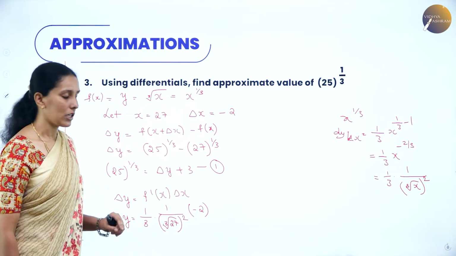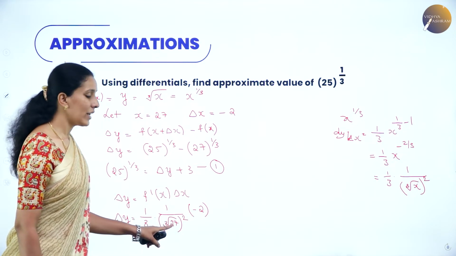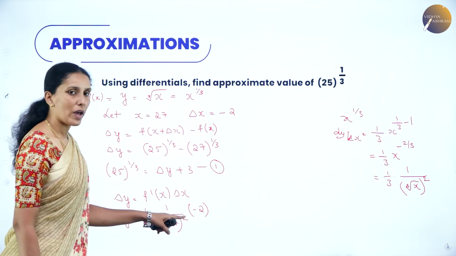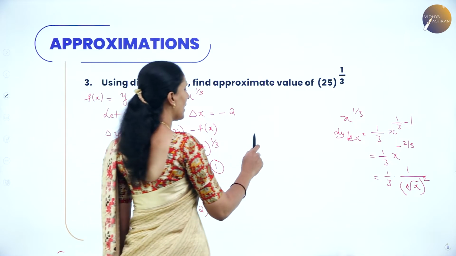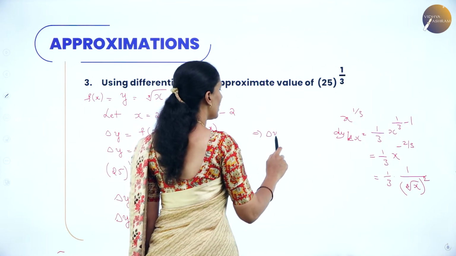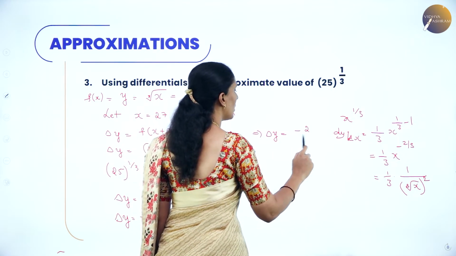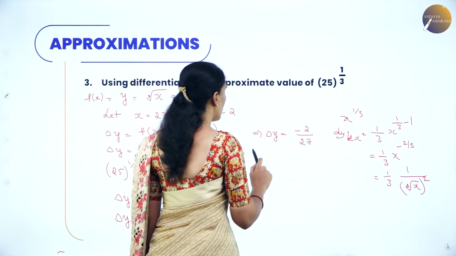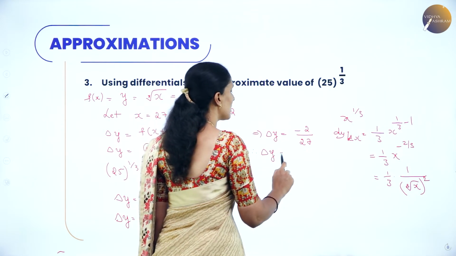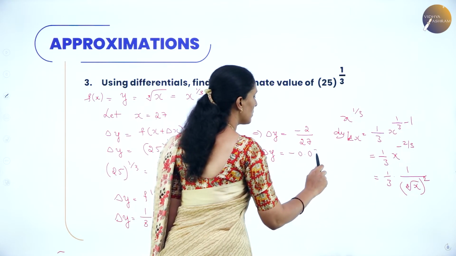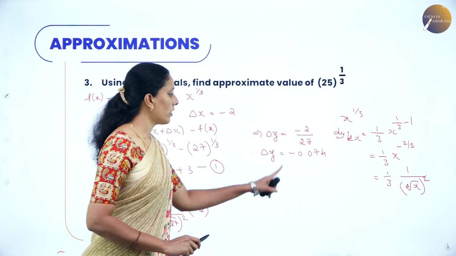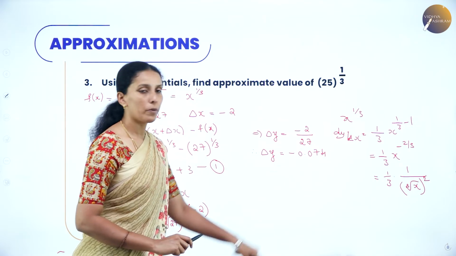It is 3. 3 square is 9, 9 3s are 27. So this implies delta y is equal to minus 2 divided by 27. Therefore, delta y is equal to minus 0.074.